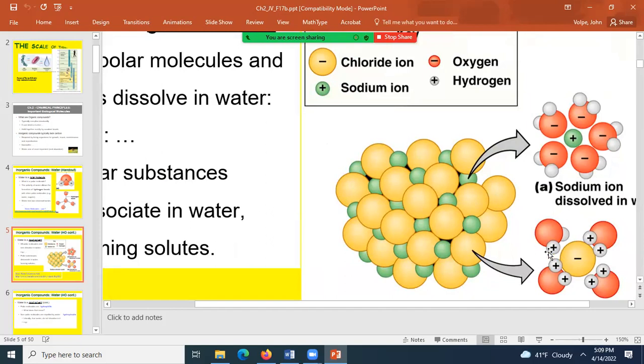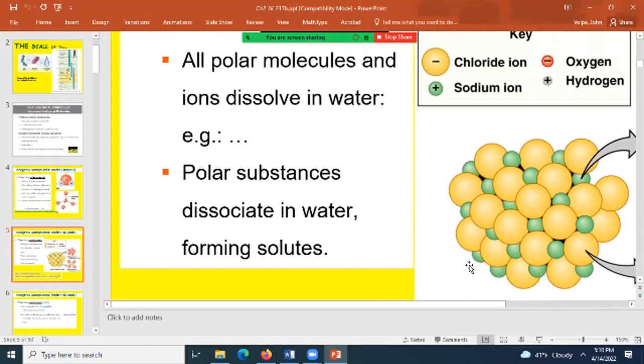And then the water will orient to that partial charge. The positive areas of the water will orient around the partial negative charge of the sugar. And then the negative region of water will orient around the partial positive areas of the sugar. Any questions about any of that?